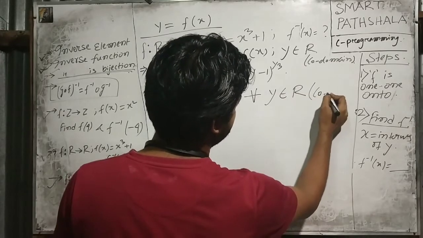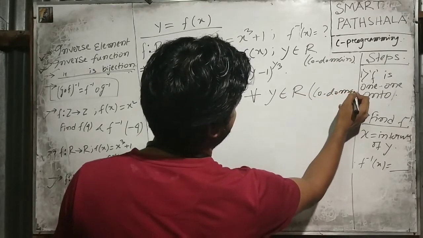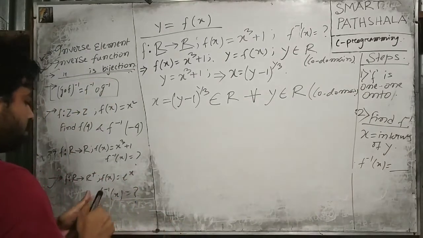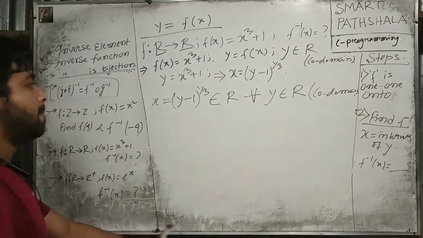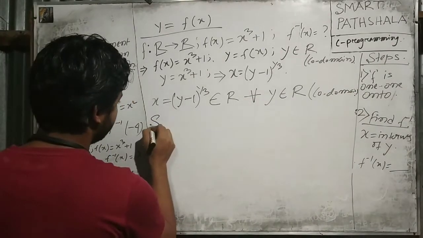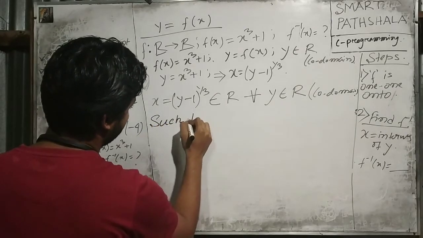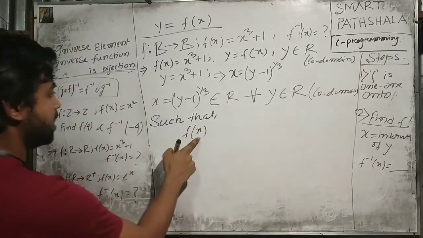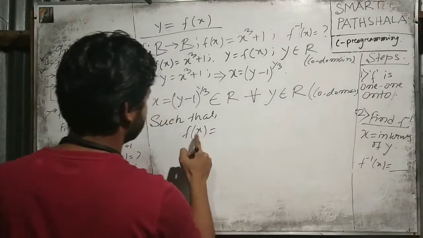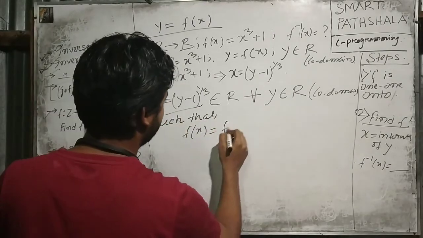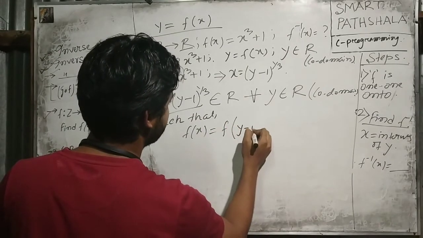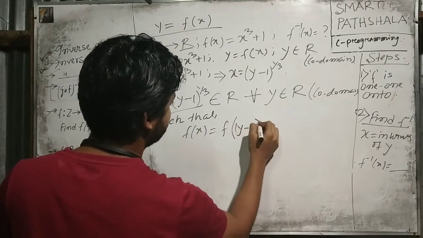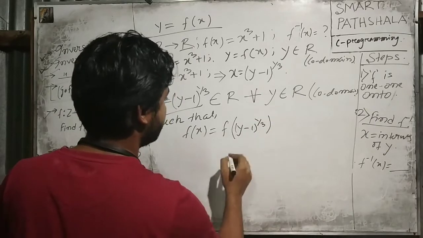This is the codomain set, right? Now such that f of x, right? So x is what? This term, y minus 1 to the power 1 by 3, right?